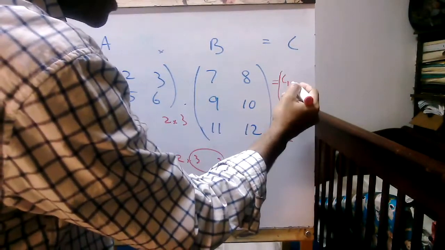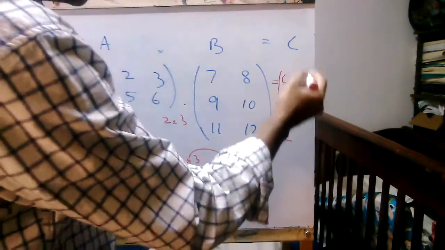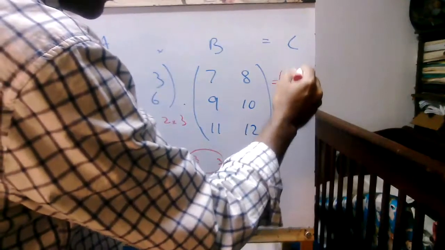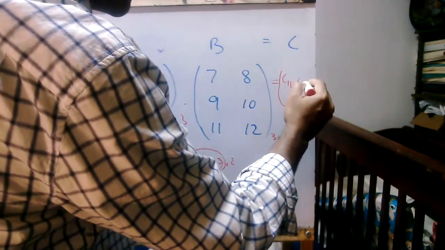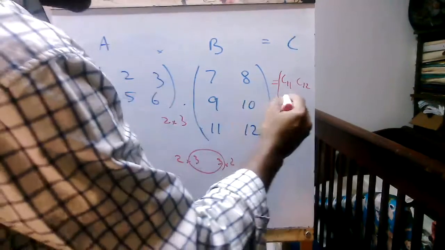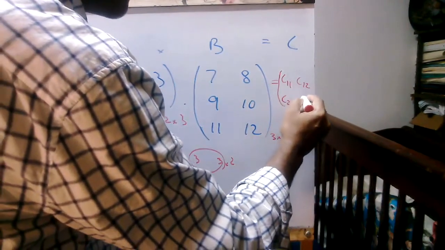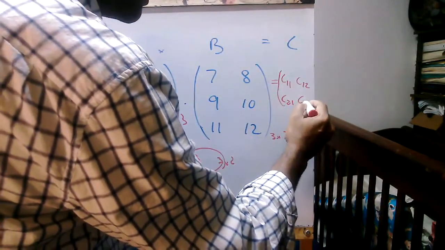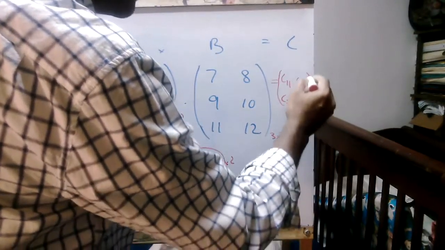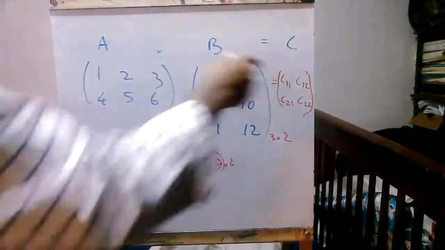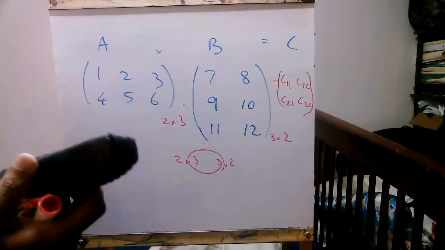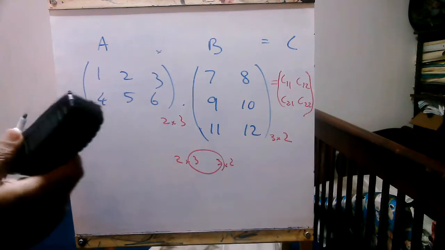Row 1 first element C11, then second element row 1 column 2 C12, second row C21, C22. Now we have to find these C11, C12, C21 and C22.